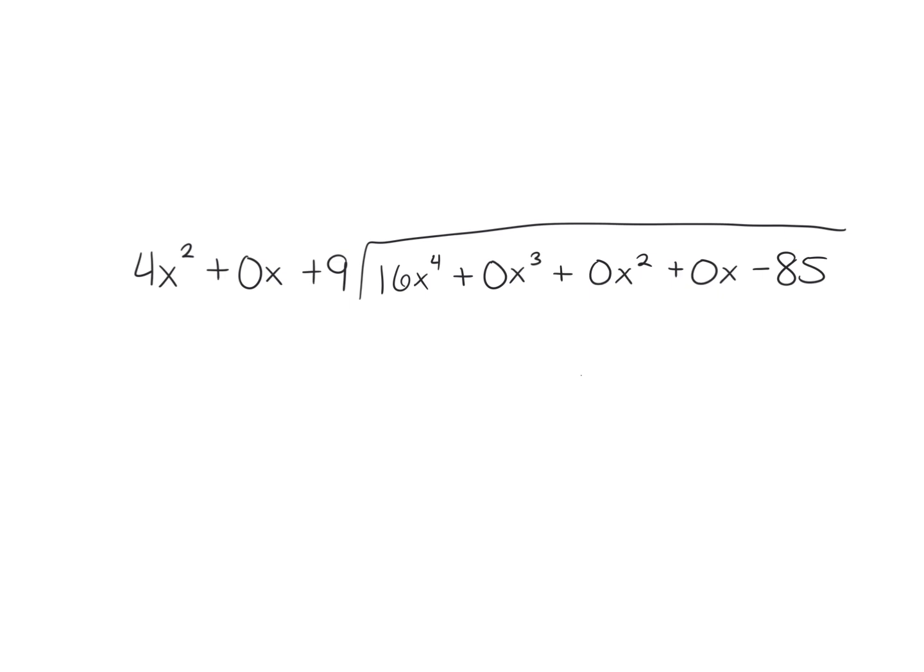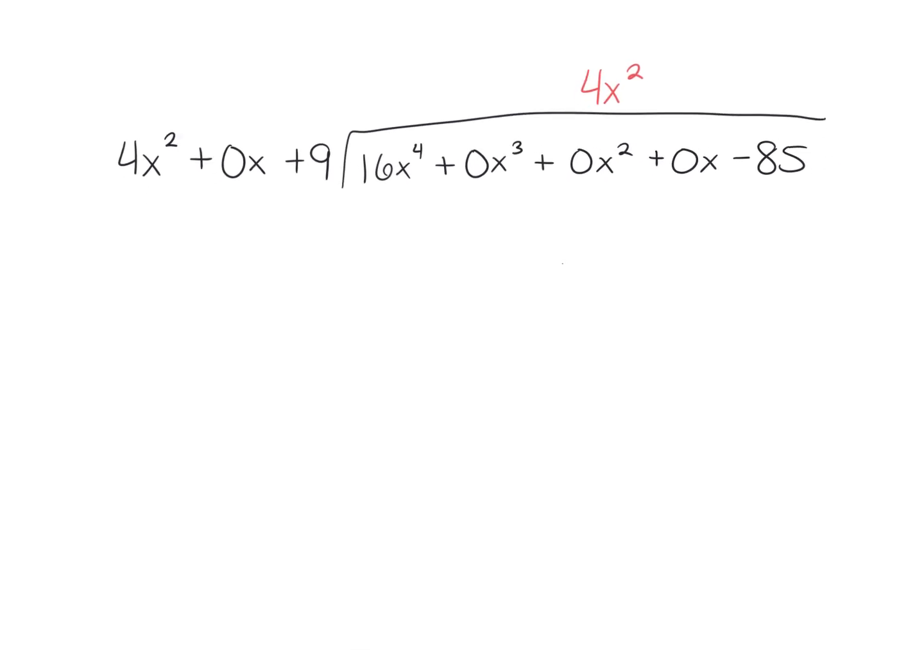Now we're going to do the same thing. How do I turn 4x squared into 16x to the fourth? What are we missing? We're missing a 4x squared. So now I'm going to multiply 4x squared to all those terms. What's 4x squared times 4x squared? 16x to the fourth. 4x squared times 0x is 0x to the third.